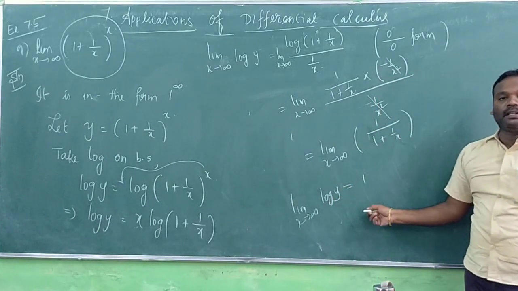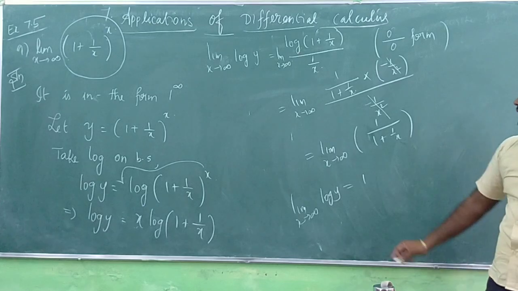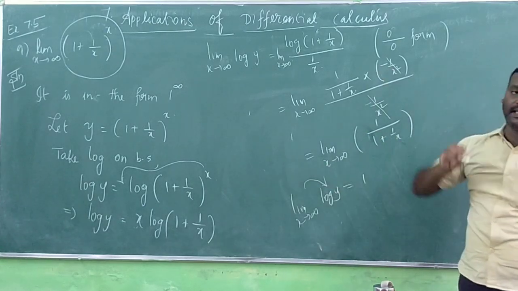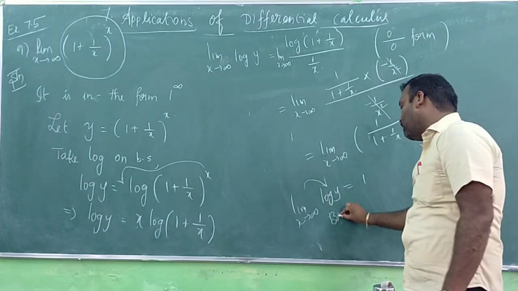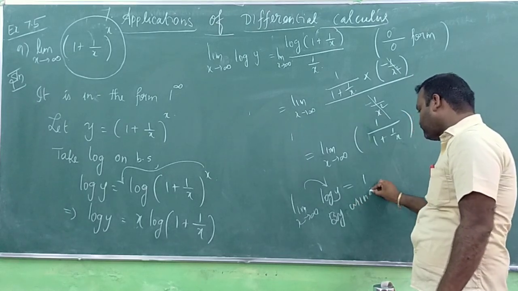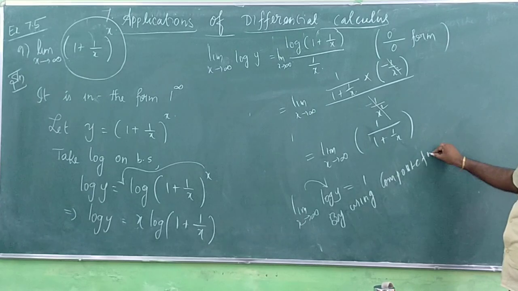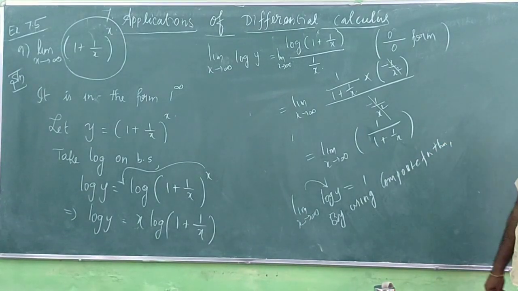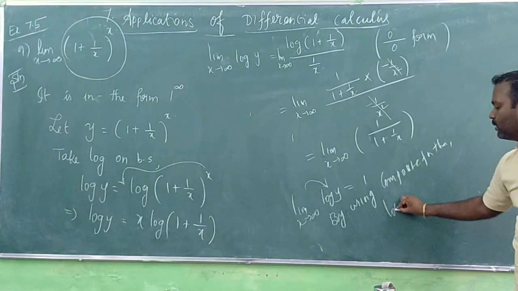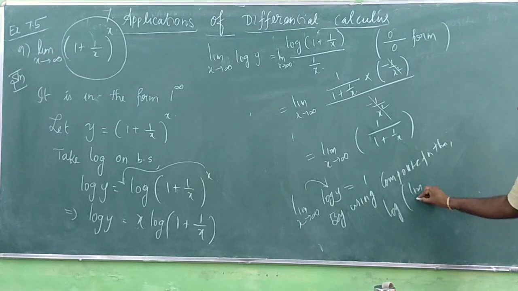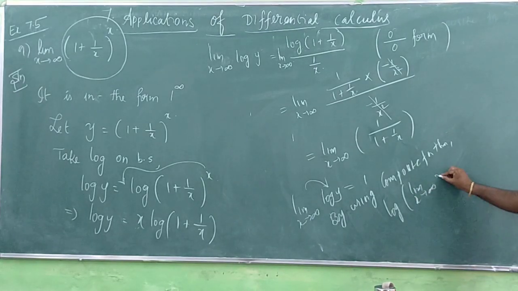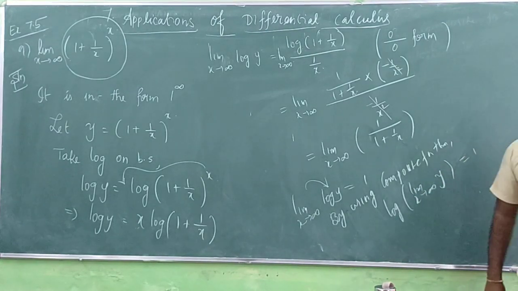Now we are going to make use of composite function theorem to bring the limit inside. So by using composite function theorem, the limit goes inside: log of limit x tends to infinity y is equal to 1.